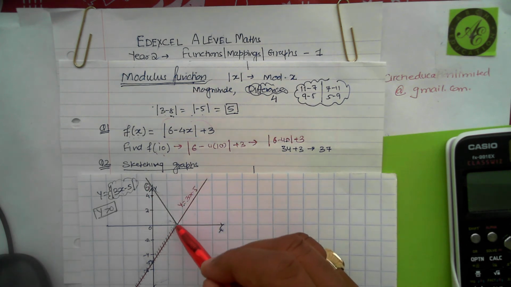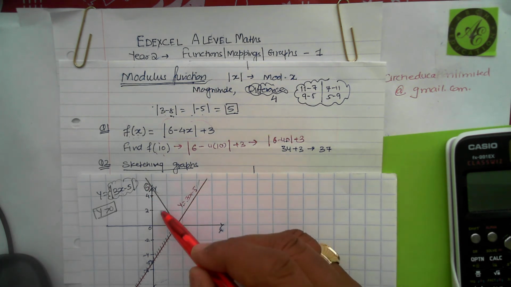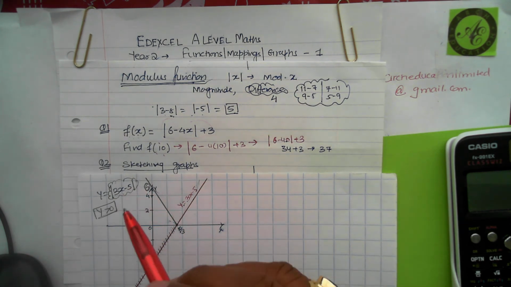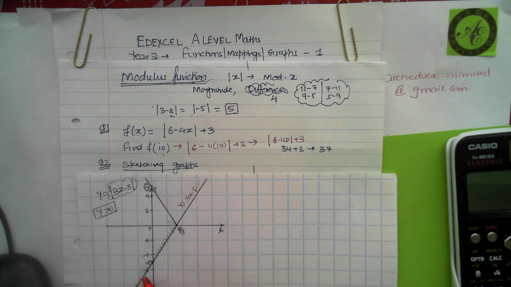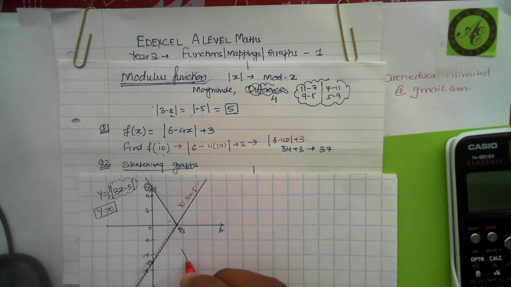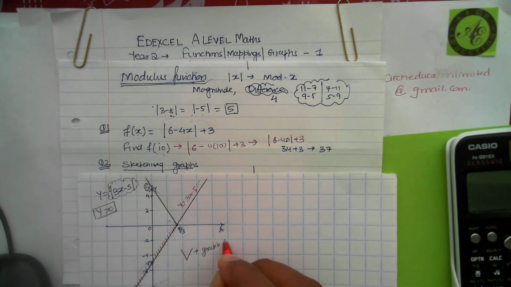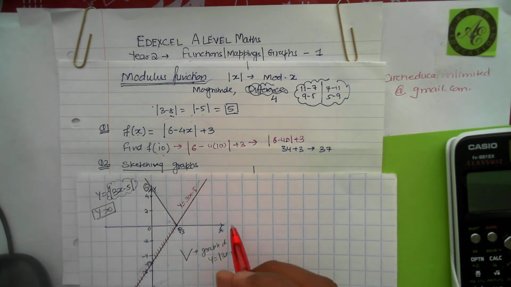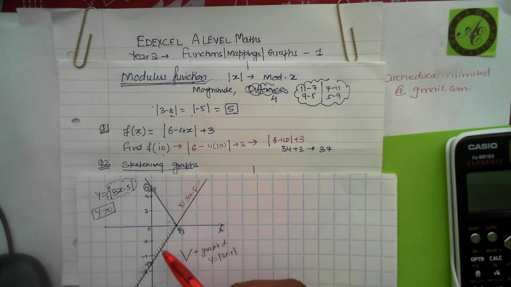This V is the graph of that function, and the original graph helped me to figure that out. In an exam you can show it like this, and write that this is the graph of y equals 3x minus 5. It's better to do it once in rough, then draw it again.